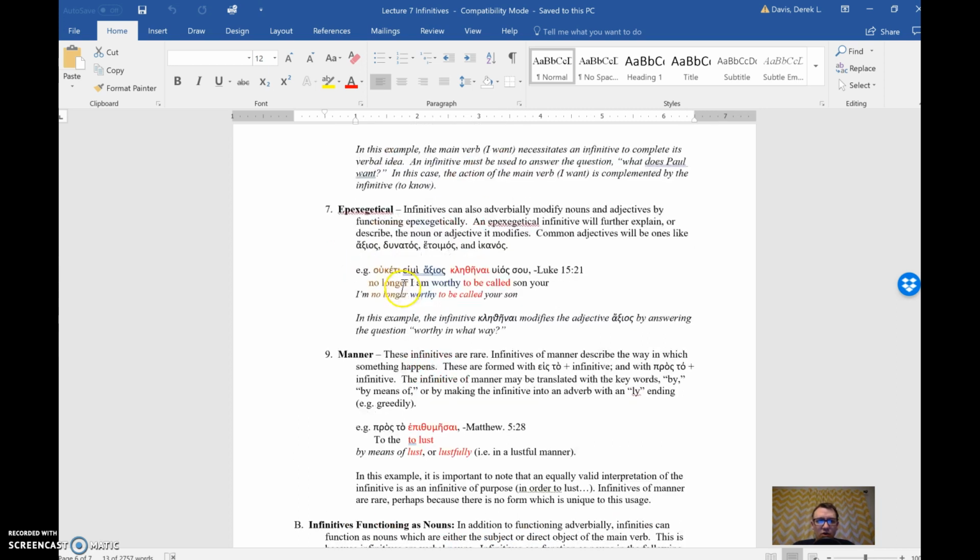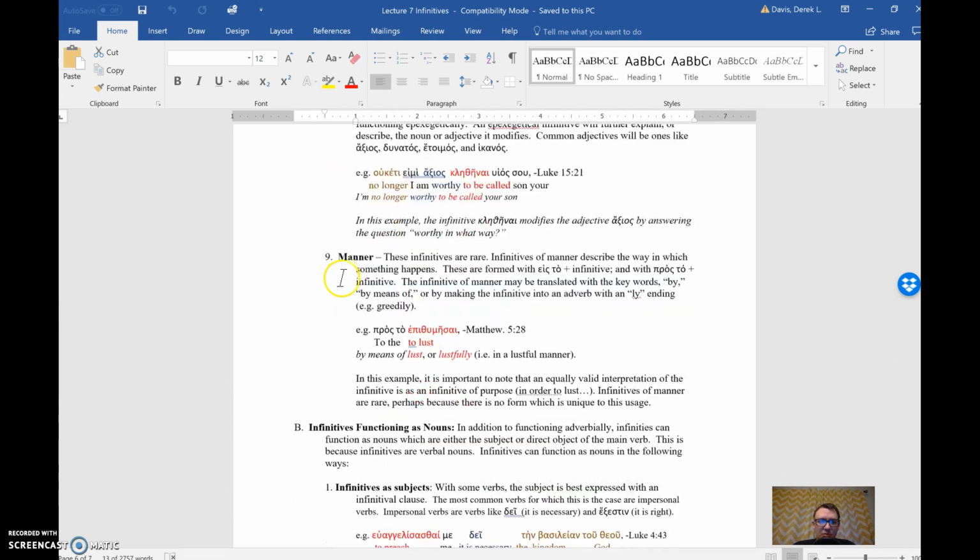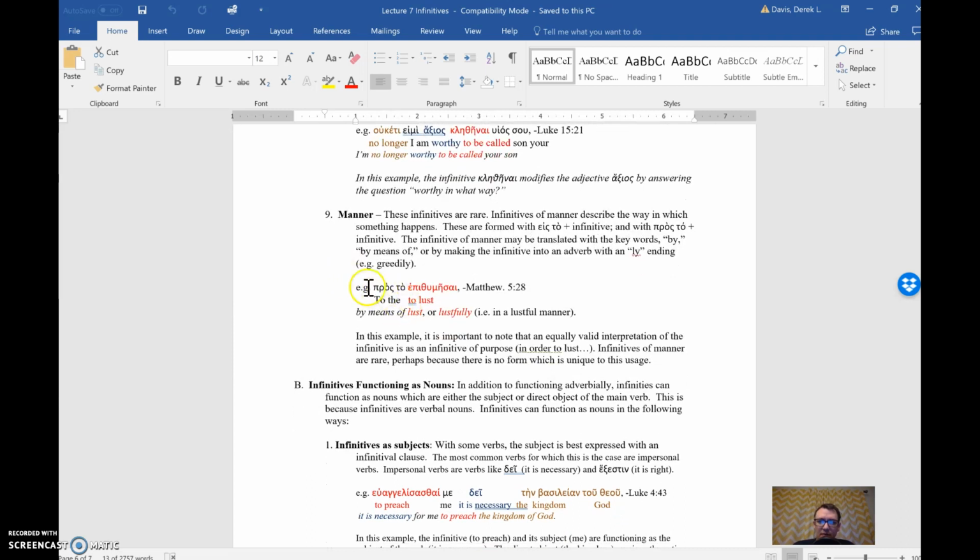And then the ninth category, or I'm sorry, it should be the eighth, I'm not sure why it skipped a number there, is manner. Again, I've given you the formula for this one, the pros ta, and this is an adverbial idea that will almost always be translated with an "ly." In other words, it will be translated straight into an adverb, and it's explaining the manner in which a verb is accomplished. So, lustfully is the example here in Matthew 5:28, the Sermon on the Mount.